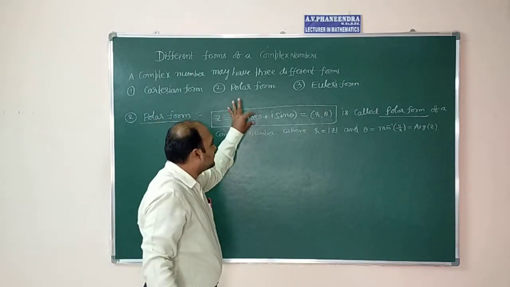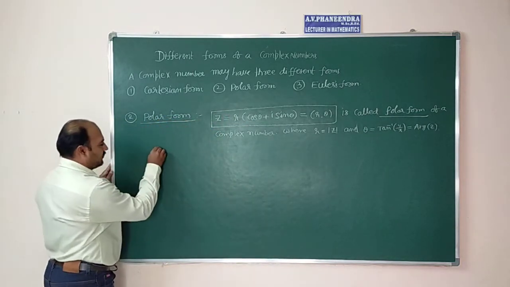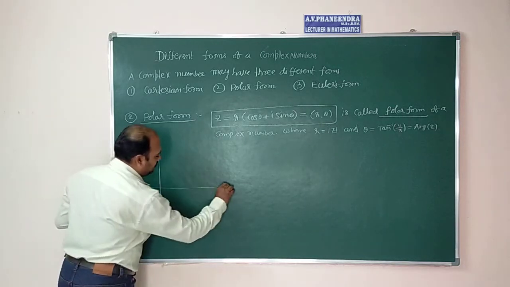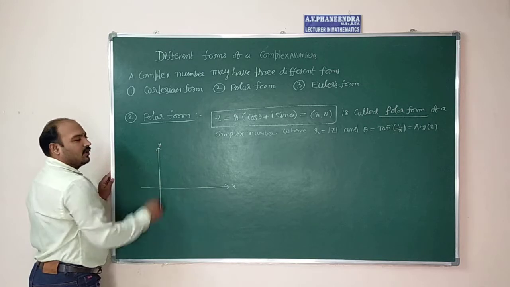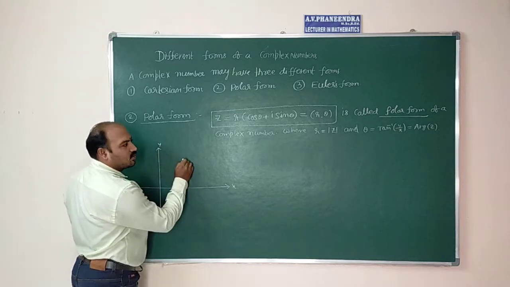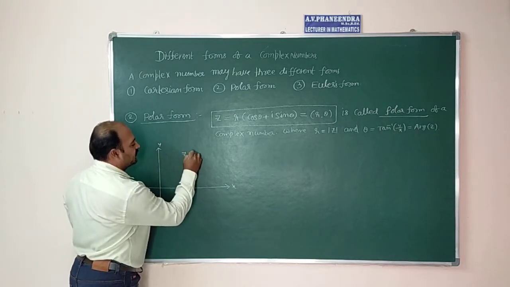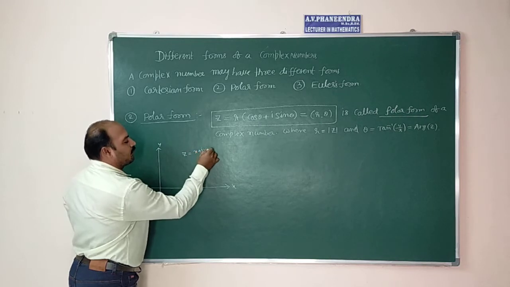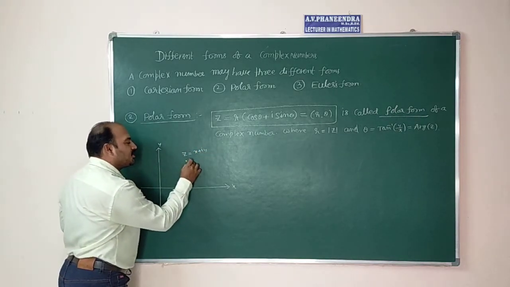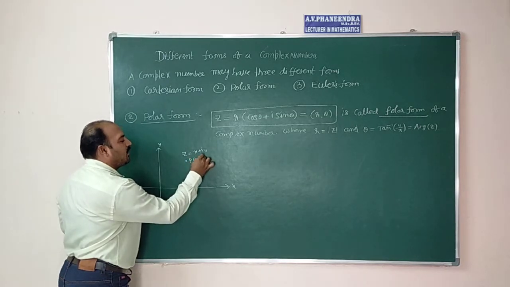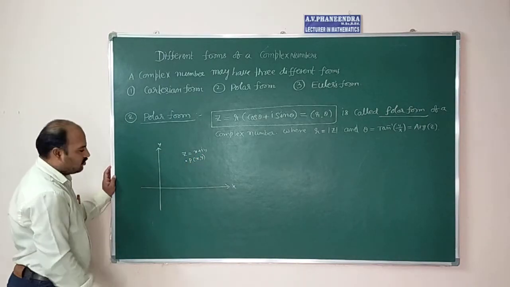How do we get this? See that, consider an orthogonal plane. In this, z is equal to x plus iy is a complex number. Writing this complex number in the Cartesian form, it will be P of x comma y.